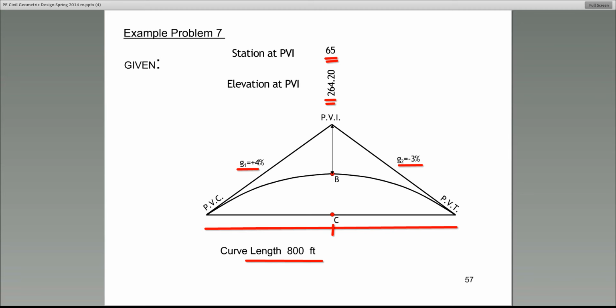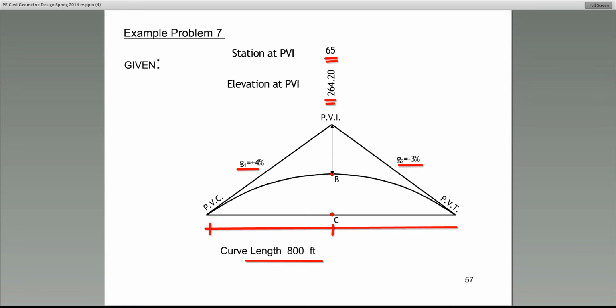All right. So now pay attention. If the station at PVI is 65, please tell me. Any one of these questions I'm asking you could be some independent question on the test. What is the station at PVC? Think about it.